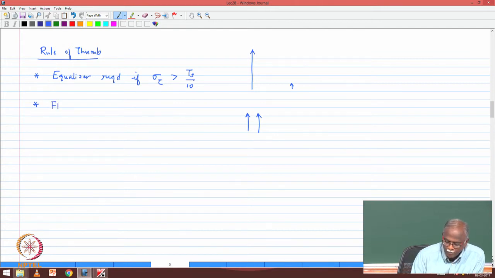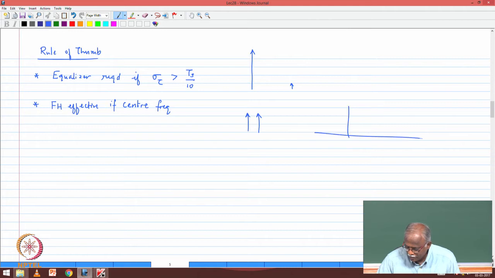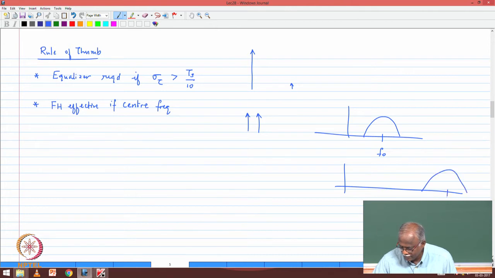When is frequency hopping effective? Frequency hopping is effective if your hop spacing, the center frequency of the hops, and again what we mean by the center frequency of the hop is you may be at some carrier f0, and the next time instant you are skipping to some other carrier f1, the spacing between f0 and f1.